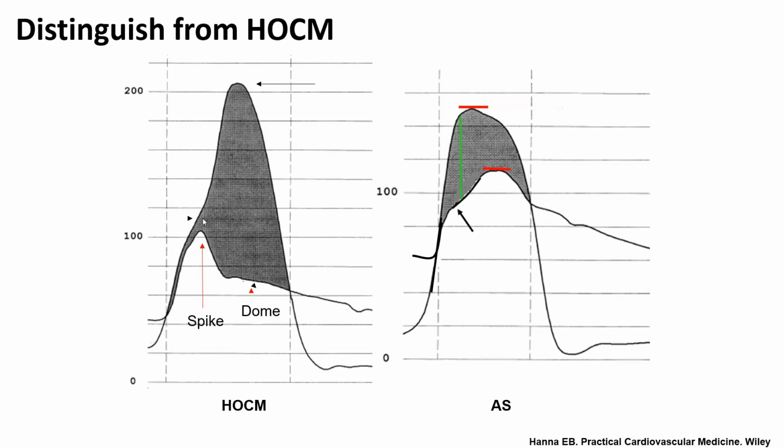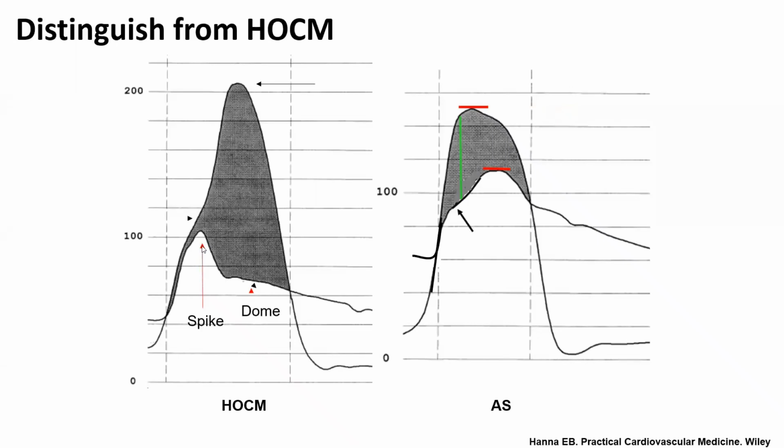Somewhere in mid-systole, you start having LVOT obstruction, and at this point, the aortic pressure dramatically drops, whereas the LV pressure sharply rises, and you have a sharp late peaking LV gradient. So LV rises sharply at the end, aorta drops at the end of systole.